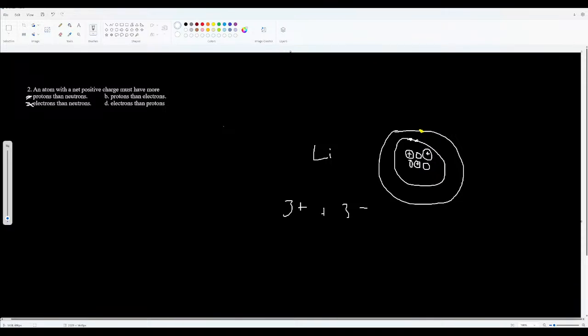What happens if we add 3 positive plus 3 negative? 0, of course. So what happens if we take away an electron? If we say goodbye to that electron, now we have more protons than electrons.